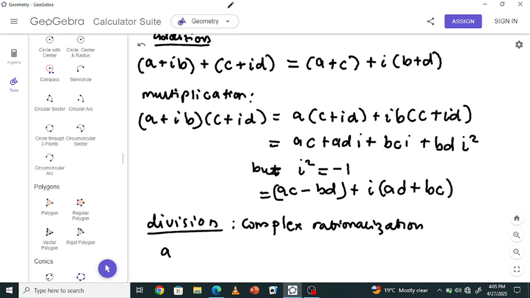Say we have a plus ib, and we are dividing by c plus id. We will rationalize the denominator and then multiply it through.